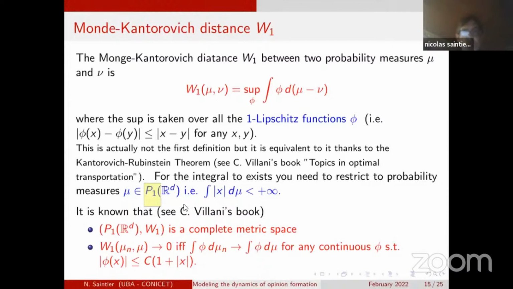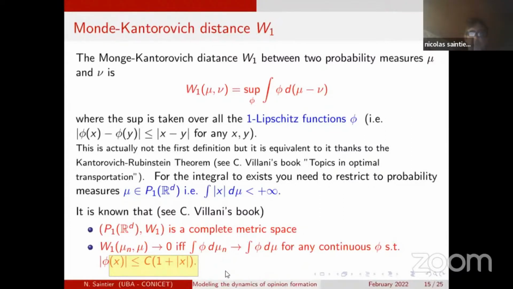The convergence with respect to this metric is equivalent to the convergence against test functions phi which grow at most linearly. So when we are dealing with compactly supported measures, we don't care much about that, and we get the convergence for any bounded continuous function, which is exactly the weak convergence.